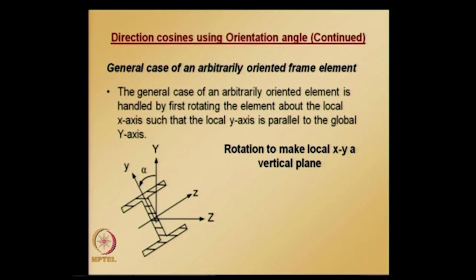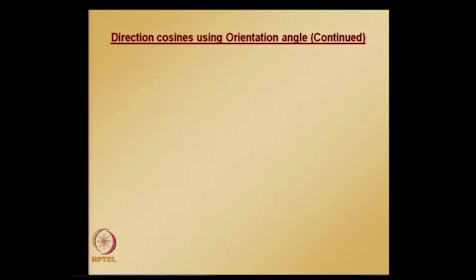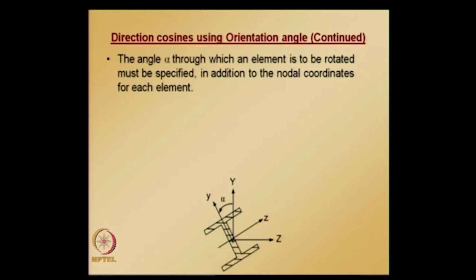So, when we want to use this method, both the angle alpha through which the frame element is to be rotated must be specified, in addition to the nodal coordinates or end coordinates of this particular space frame element.